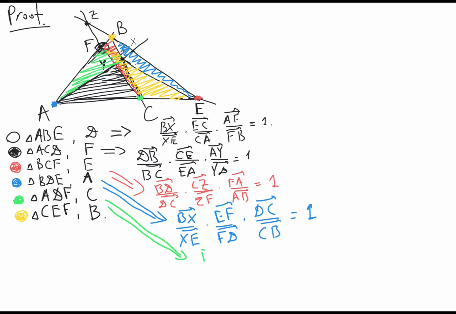So FE over ED multiplied by DY over YA multiplied by AB over BF is equal to 1, and finally the last one, yellow.